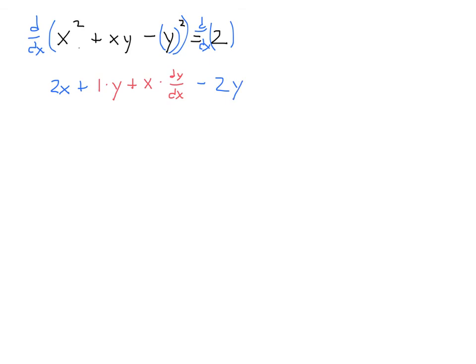The derivative of something squared is 2 times that something, and if you want, you can write it to the first power, times the derivative of the inside function with respect to x, which again is just going to be dy/dx. And then it's equal to the derivative of 2, which again is a constant. So for this problem, again, like the last, that is going to be 0.